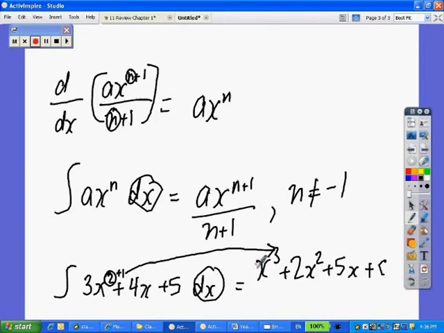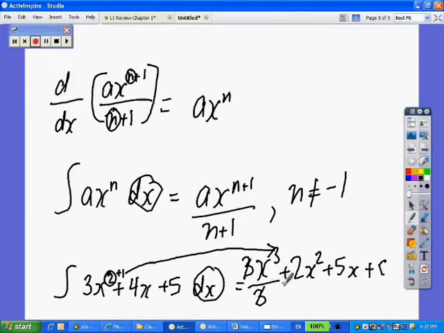Now, how do we end up with nothing there? Well, we divided by n plus 1, and in this case n plus 1 is 3, so there's an imaginary 3 here, and these cancel out. That's why we don't have anything there.